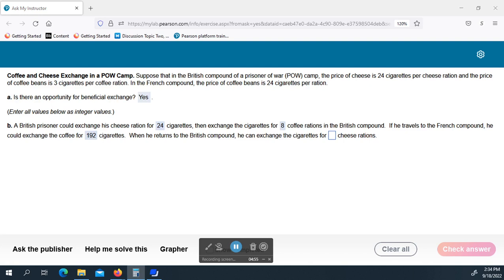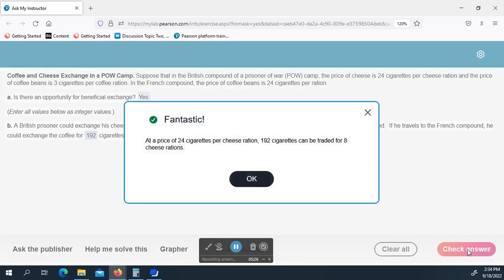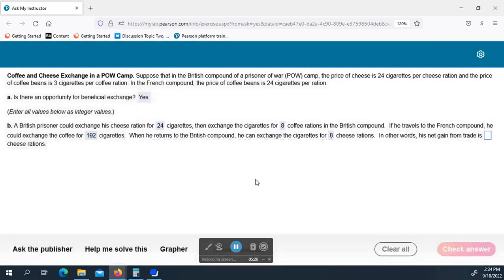So 192 divided by 24, because it costs him 24 cigarettes for each ration. How many rations can he get with 192? Well, that's 8. So 8 rations of cheese, and we check that answer, and that's correct.